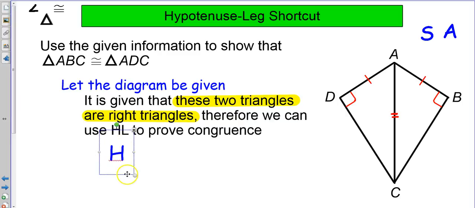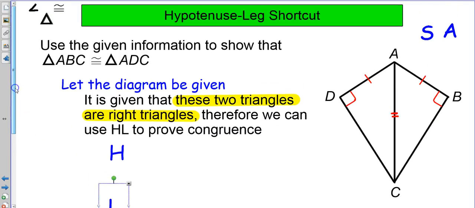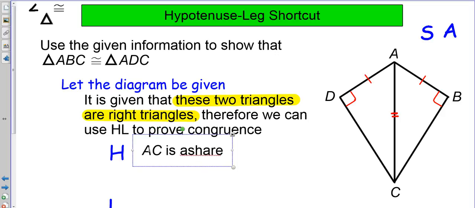So we're going to give a hypotenuse argument and a leg argument. So the two hypotenuses must be congruent, and we know that we can say that because it's a shared side. So AC is a shared side.